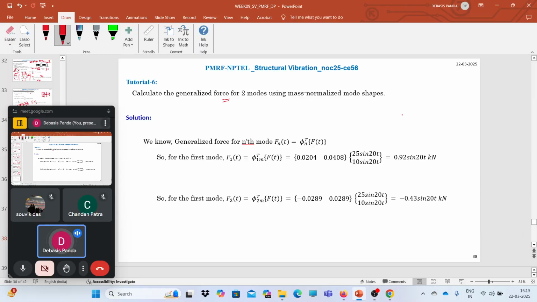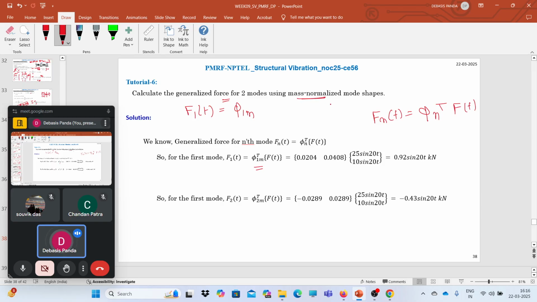The generalized forces, we know Fn(t) is nothing but phi n transpose f(t). So for the first mode, F1(t) is equal to phi 1m transpose f(t).